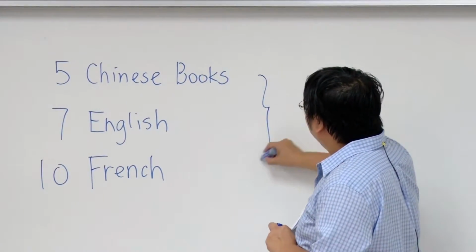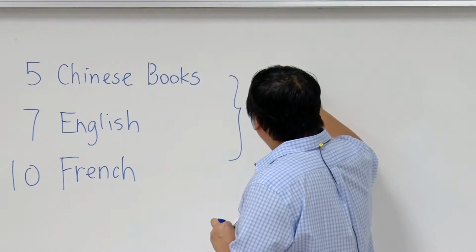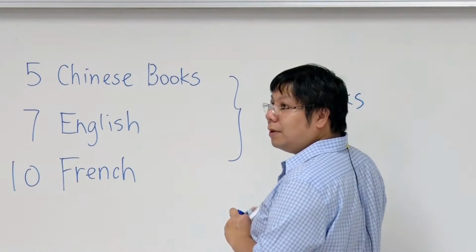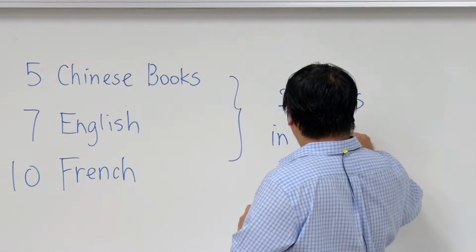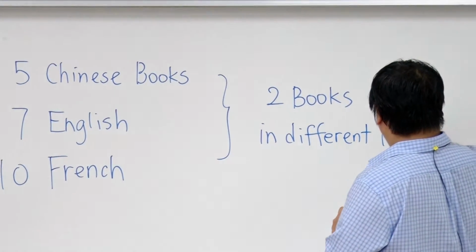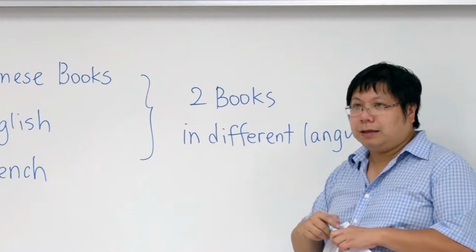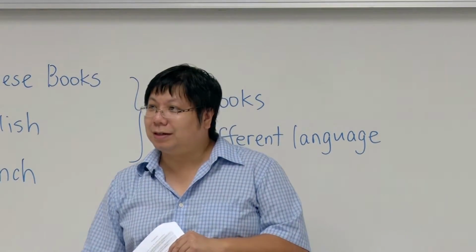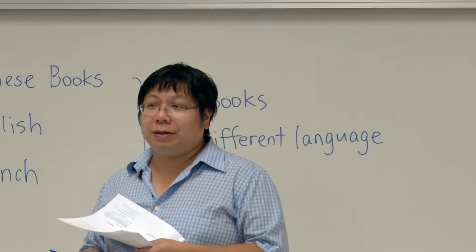Now, this is our task. Our task is to get 2 books, but in different languages. So I may be getting the first book of 鹿鼎记 and the second book of Harry Potter. So this is one way that I choose 2 books with different languages.